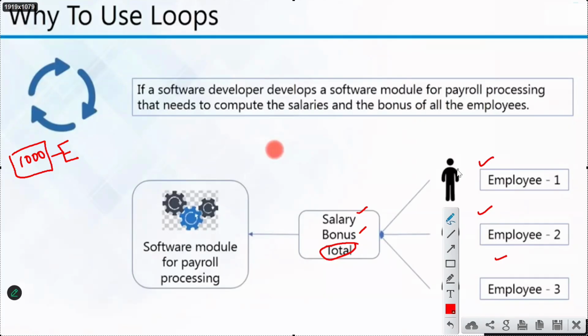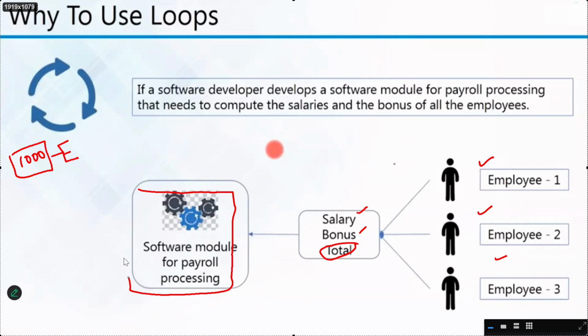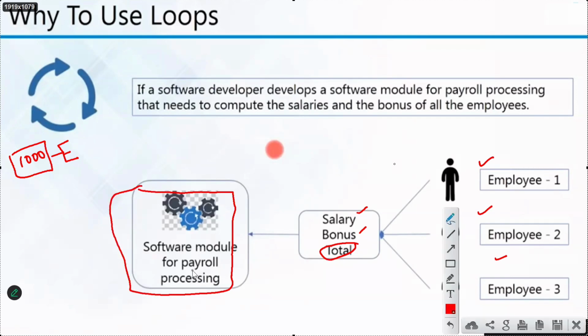So instead of that, I develop a module. I write a code to process the payroll. That means I write the code for how to calculate. So salary is nothing but bonus plus 30 days into his salary.